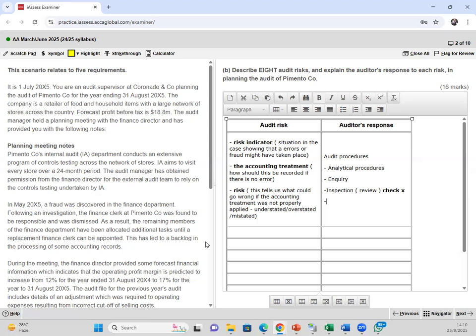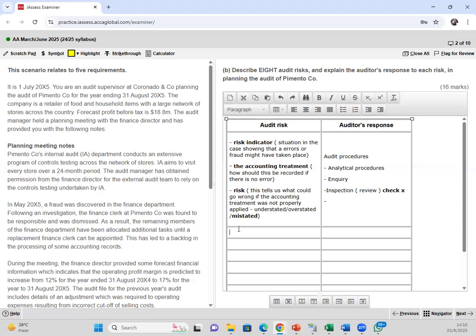We also don't need blanket answers like misstated. Misstated should only be used when the question is not clear whether it's under or overstated. If the question is clear that the assets may be misstated, they will tell you that the asset has been disposed.